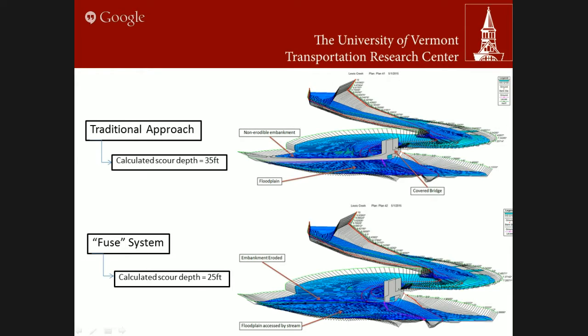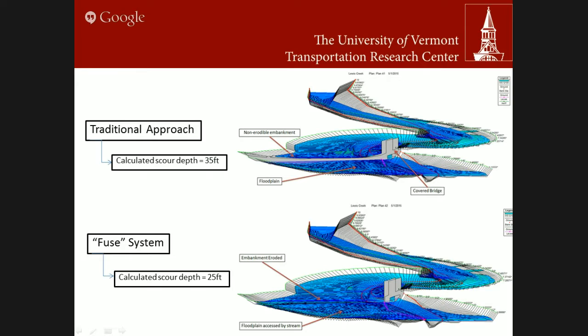You can see that the river is quite flooded and that this embankment is completely cutting off the river from its floodplain during a large storm event, which constricts the flow and forces all the flow to go directly underneath the bridge, which increases the velocity and then increases the scour pretty severely.